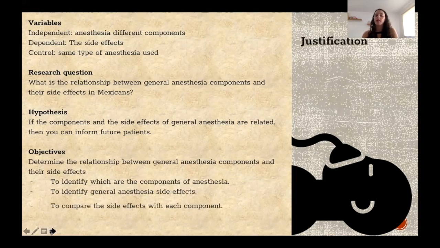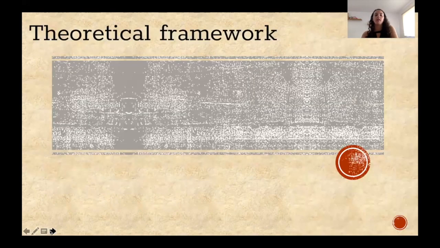So I think this is really important because if you know which component causes the most side effects, either common ones or severe ones, then you can improve patients' recovery and care, and you can make ways to make the process easier for the patients.